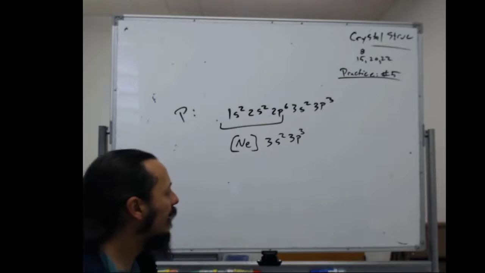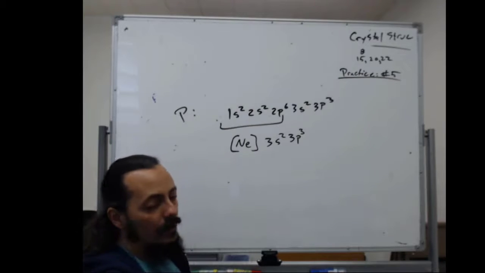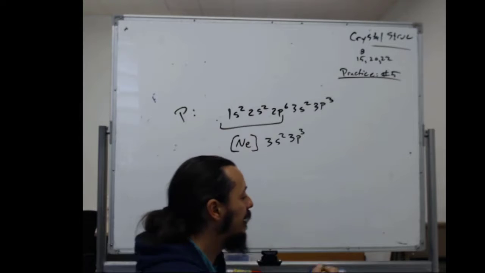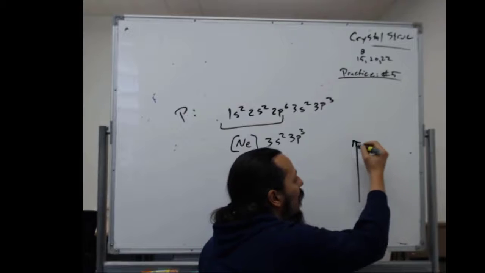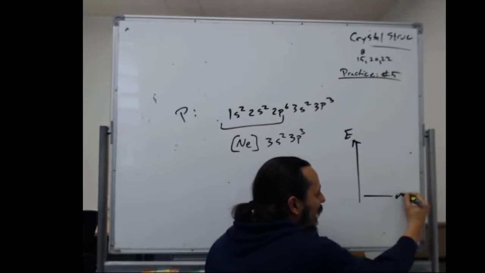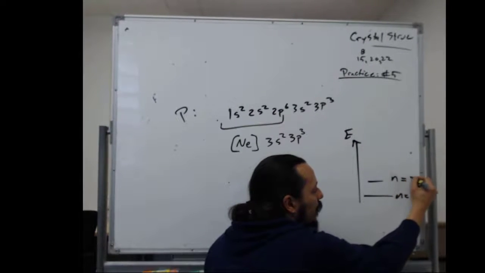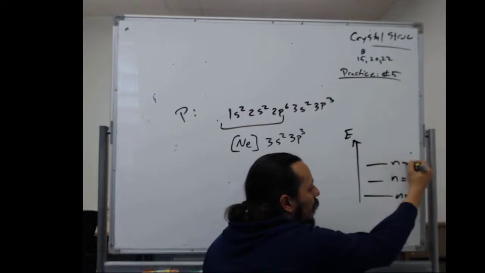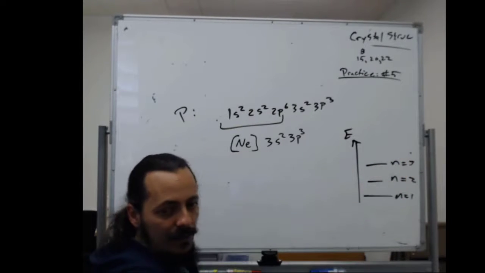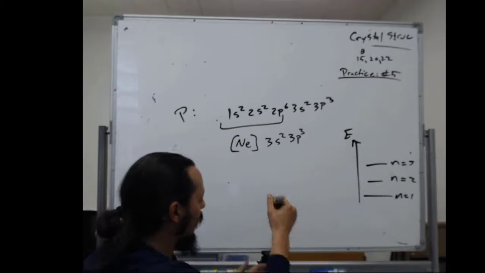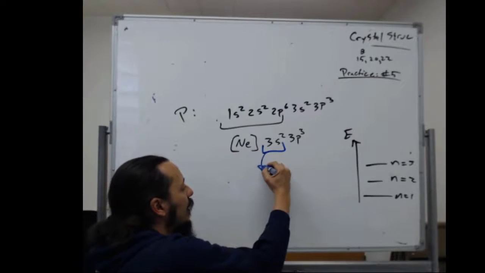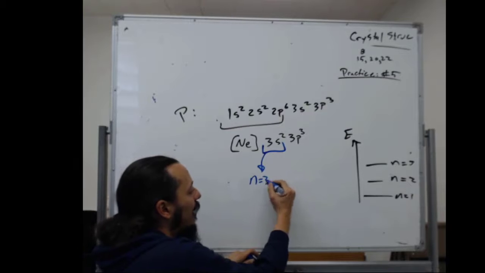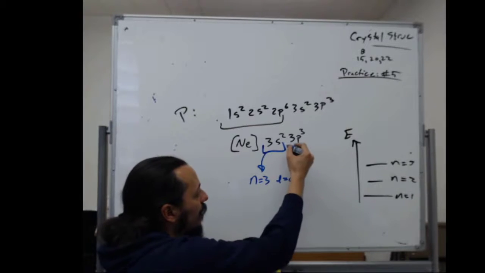going to be, if we look at this, we have to think back to week 1 a little bit. Actually, I guess week 2. But you remember how we had these energy plots where we had n equals 1, n equals 2, n equals 3? It turns out that when we look at this, these electrons are n equals 3, L equals 0.